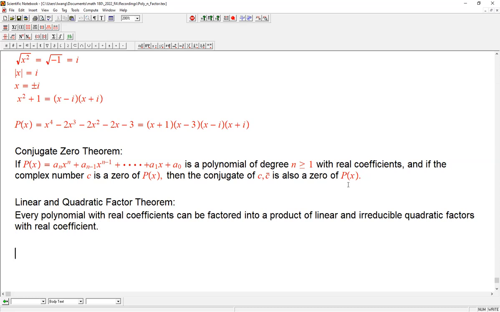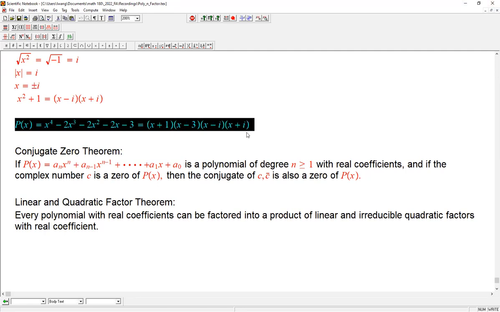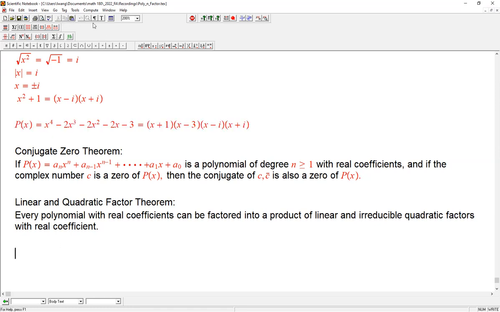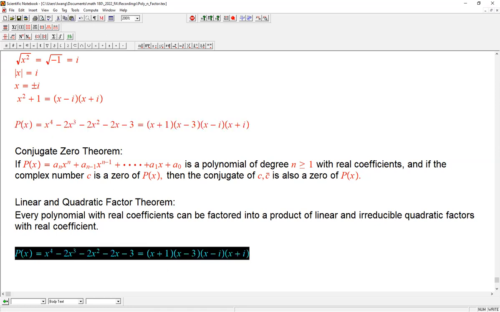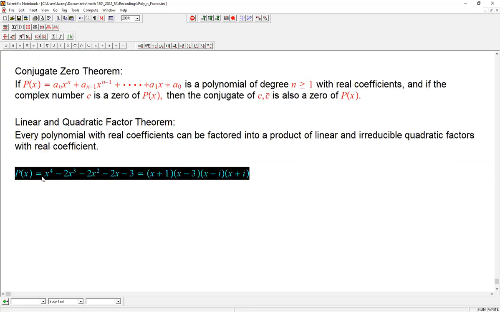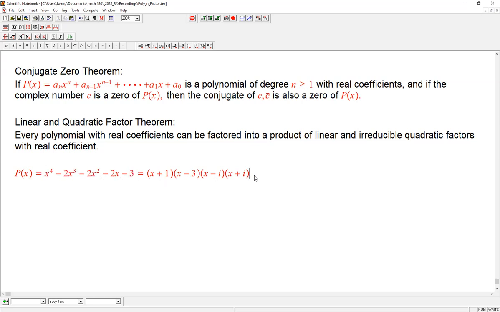What does this mean? Right? In this particular example, if I want to have a complete factorization, this is a complete factorization, okay? This is a polynomial with real coefficients. But then if you say, no, I don't want complex factors, then what will happen? So this is a complete factorization.